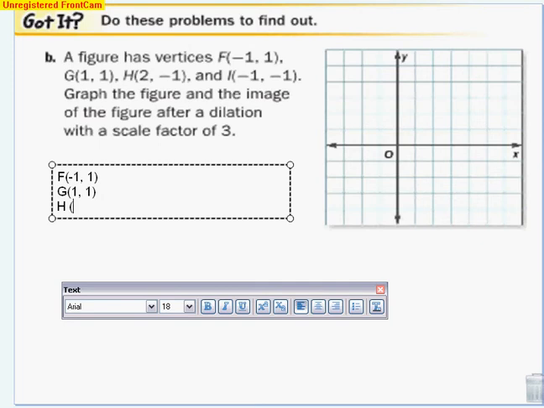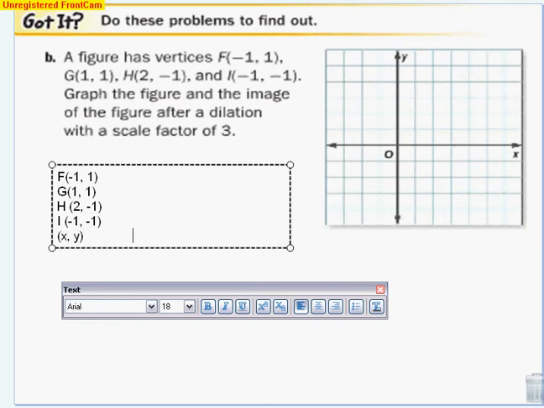H is (2, -1). And I is (-1, -1). Our x, y is changing with a scale factor of 3, so (3x, 3y).